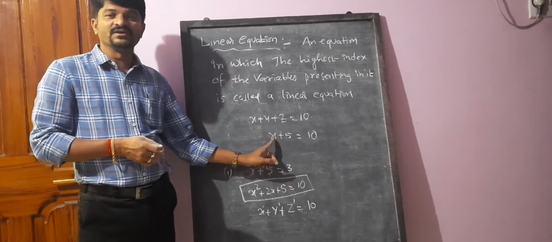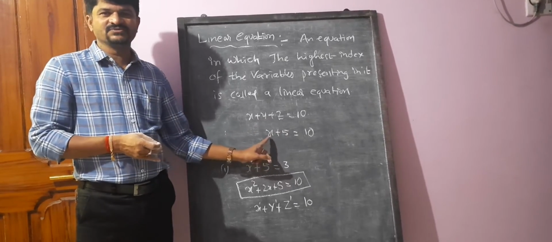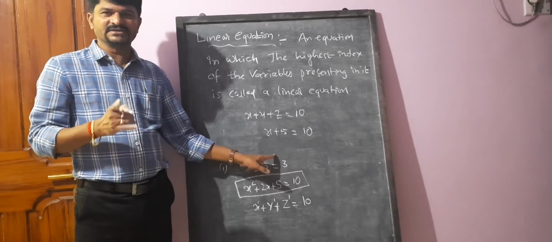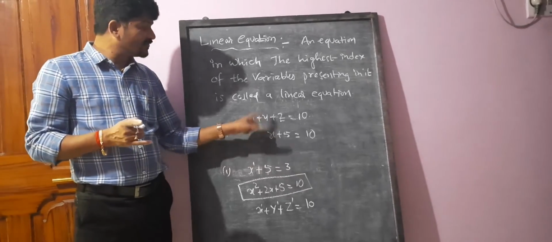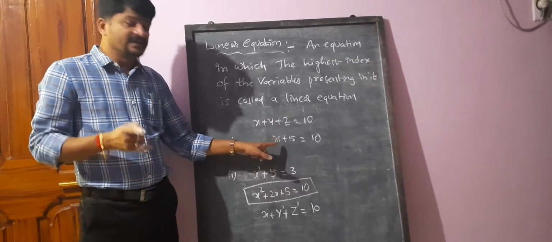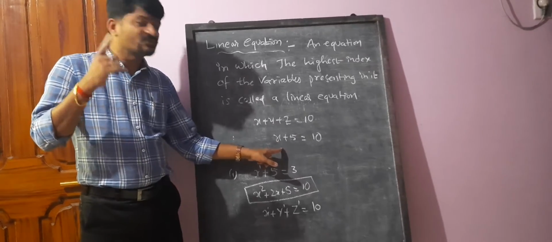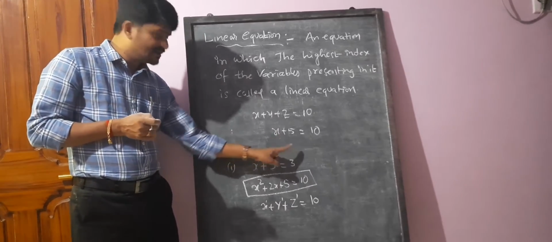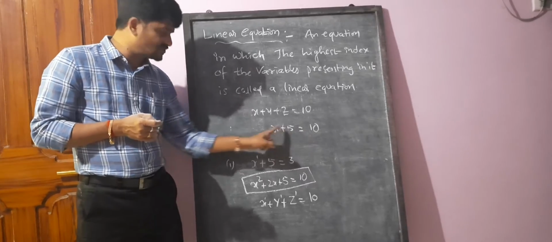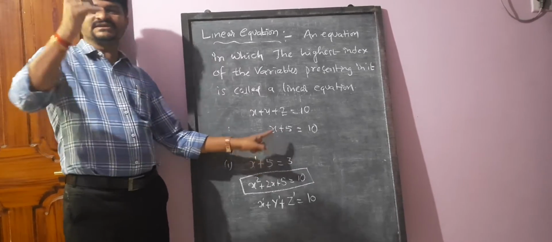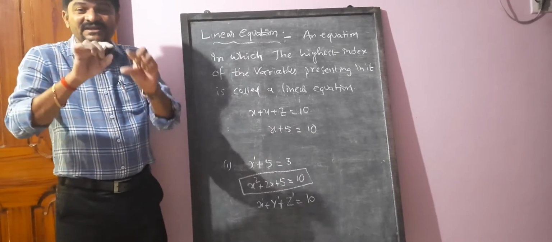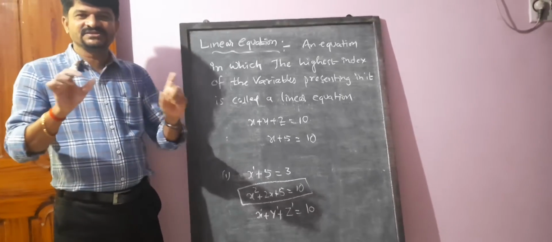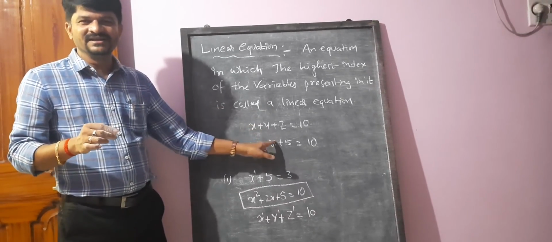Here there is only 1 variable. So a linear equation which has only 1 variable is called a simple equation.